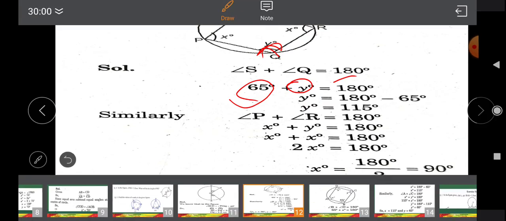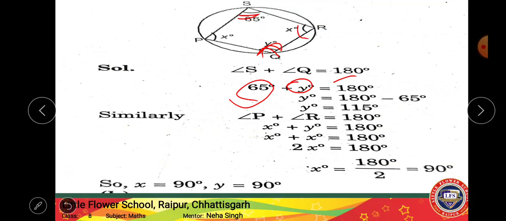Now again similarly, P and R. One is X degree, the other is also X degree, so the sum will be 180 degree. So X value will be 180 divided by 2, that is 90 degree.